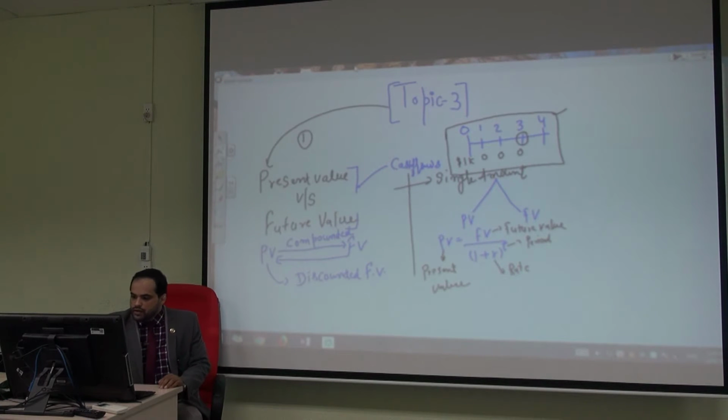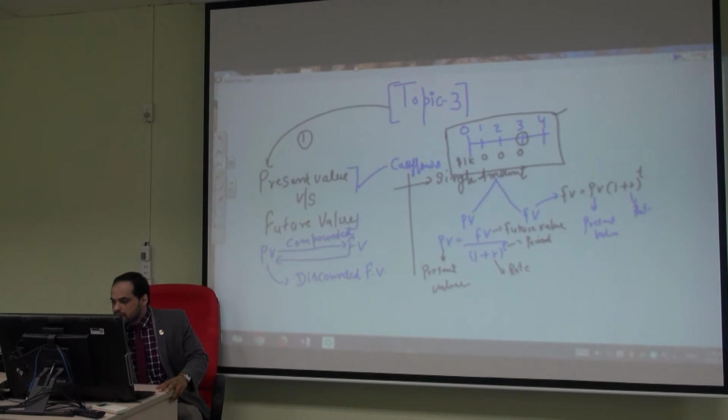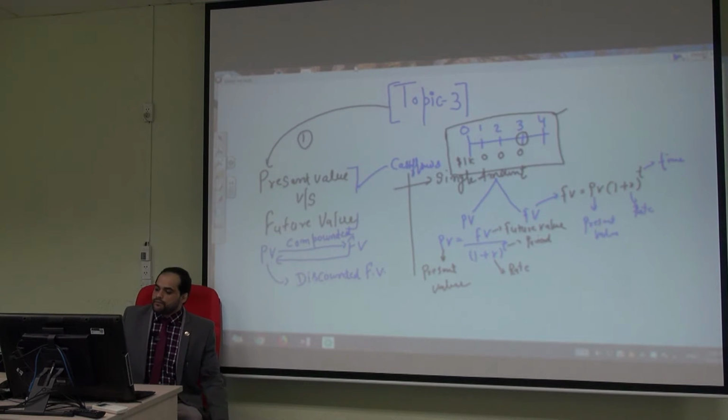The formula for future value is future value equals present value times 1 plus R to the power T. PV stands for present value, R stands for the rate, and T stands for time.